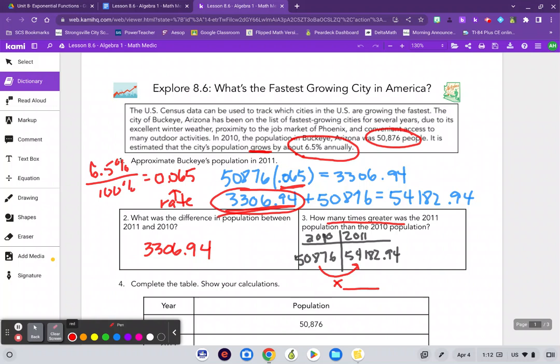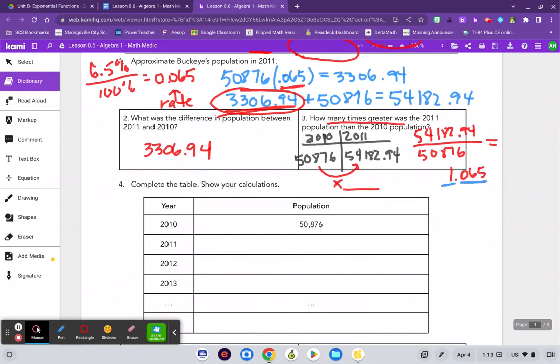Okay, so remember, if I want to find a common ratio, I can divide a term, 54,182.94, divide that by the previous, 50,876. And when I do that, I get 1.065. So it's interesting because I still have this 0.065. It's just that I have this additional 1 in play. And so I kind of want to explore a little bit to see, why is that?